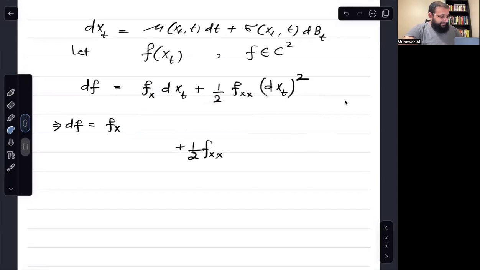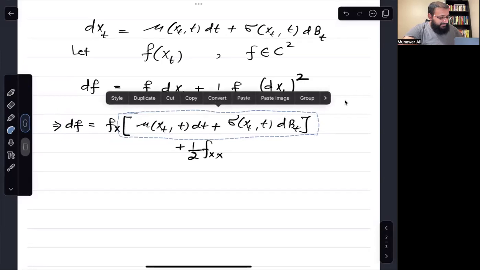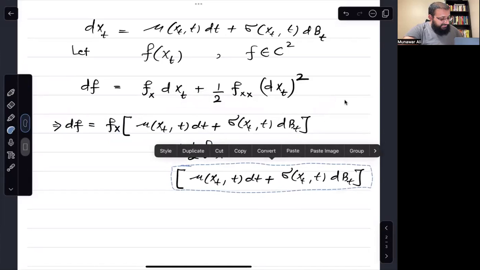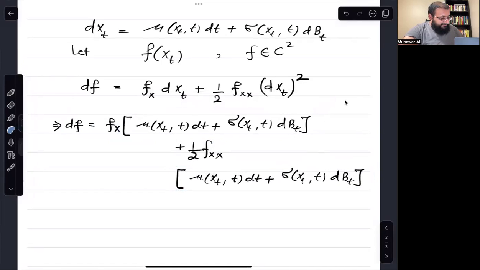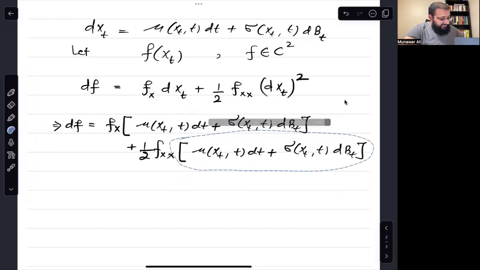Oh, sorry. I need to paste it here back, and I need to paste it here as well. Okay, it creates certain problems. So I'm taking this here, and then I'm going to square it. So you saw that this is dXt, which is the value of this one, and this is dXt, again the same value, squared. Good to go.